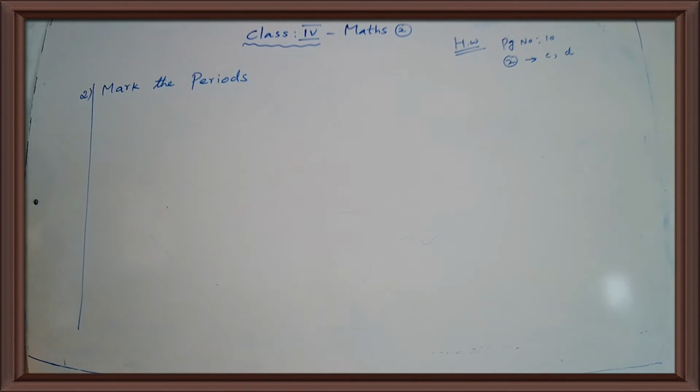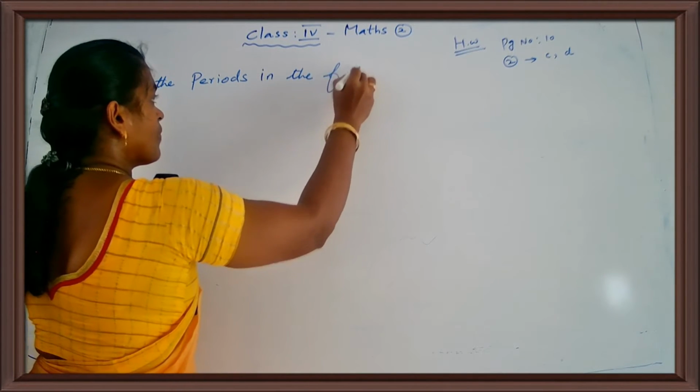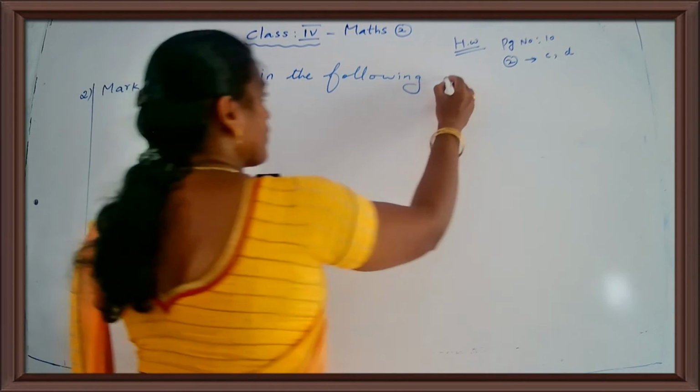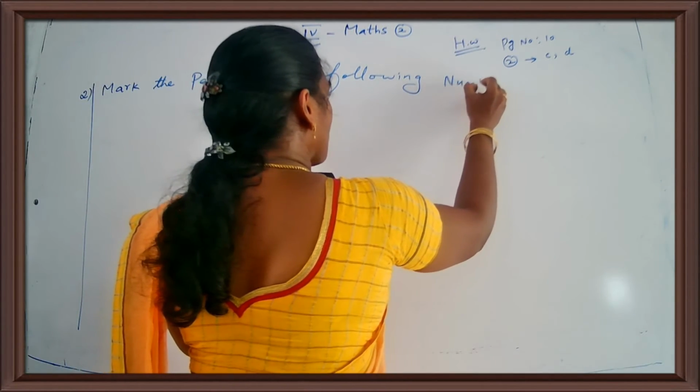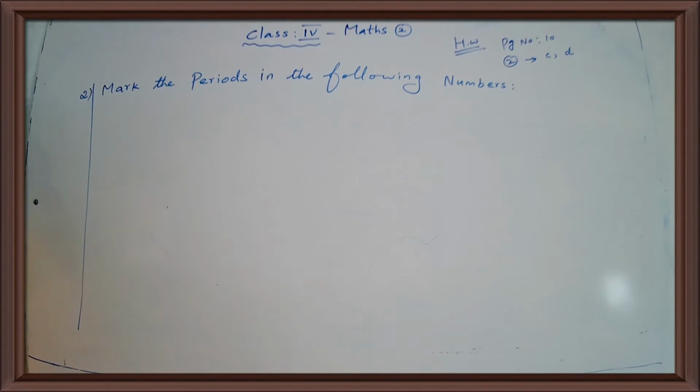Mark the periods in the following numbers. Okay, in the second question. So today's day and date you fill inside the margin. Then after you continue the classwork, children. Don't leave any page.